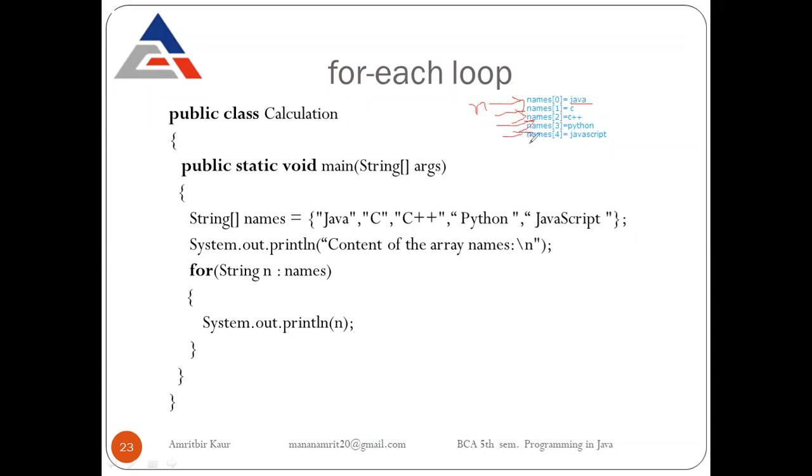Similarly Python and JavaScript are displayed. When JavaScript is displayed, control goes to the next, but now it refers to a null reference because here is the end of the array. So now the for loop will be terminated and control goes outside the block. Here we are not initializing and not updating the value of a variable, we just assign an array in the for loop.